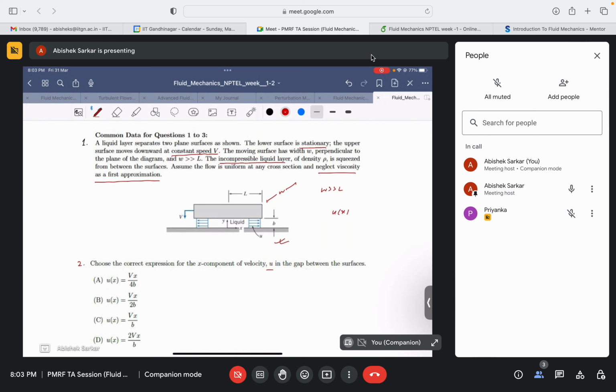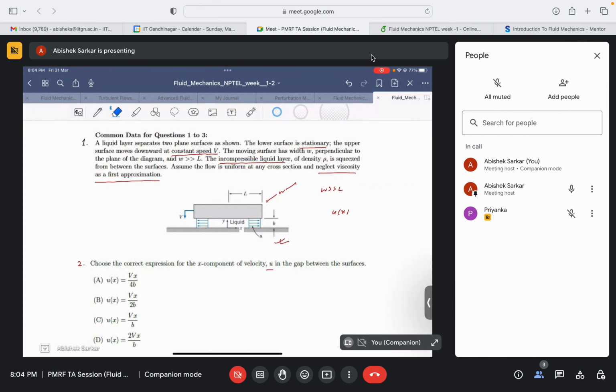I guess this is quite similar to the problem we solved in the previous problem solving session. The difference is that there was a mass flow rate from below the surface because the surface was porous, but in this case it is not porous, it is a solid surface and fluid is squeezed out from here.